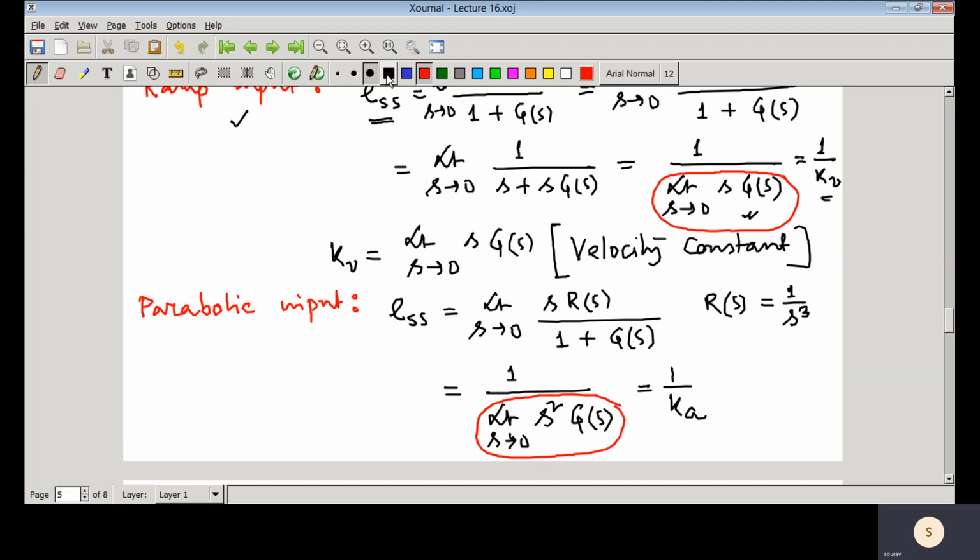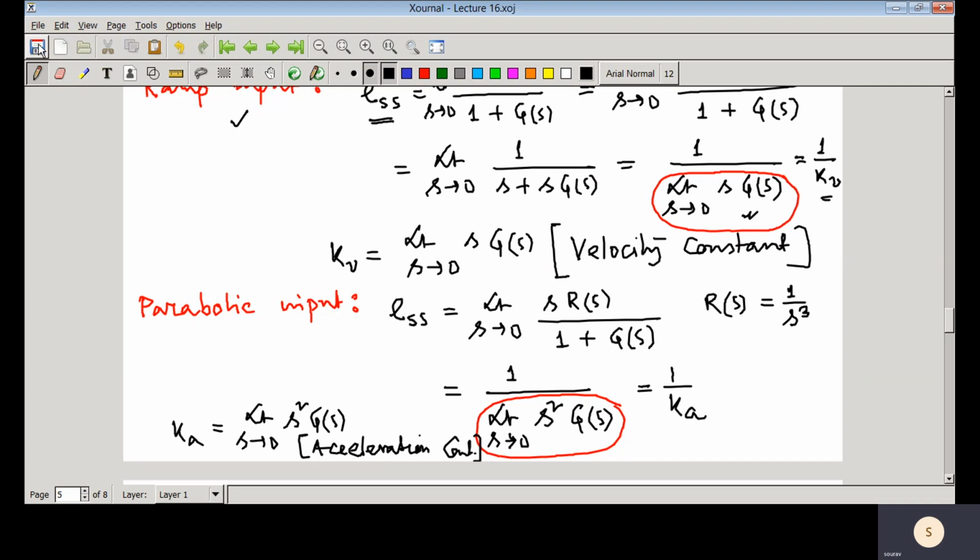So Ka is limit s tends to 0 of s square G(s), and it has a name. It is called the acceleration constant.